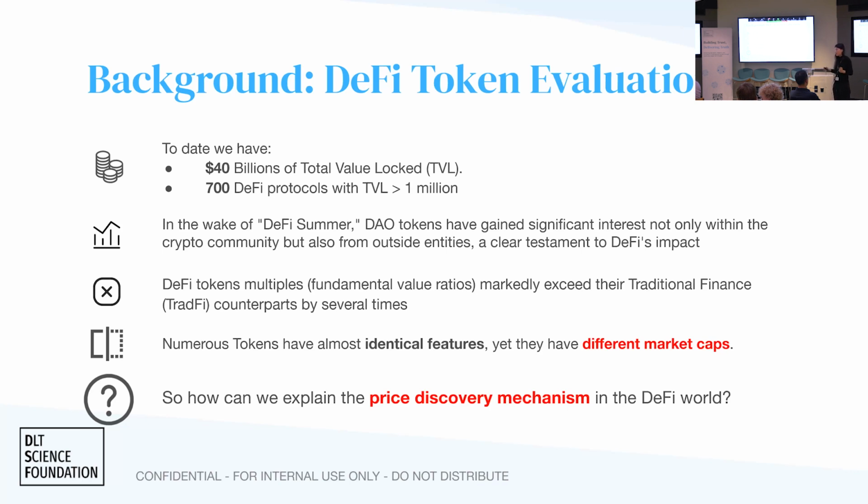But what is astonishing is that although they function in exactly the same fashion, the value of the protocol tokens can still be massively different. We want to understand why two identical protocols would have different valuation, different market cap, and so on. This requires us to look a little deeper into the operational level, into the revenue earning capability of the protocols.